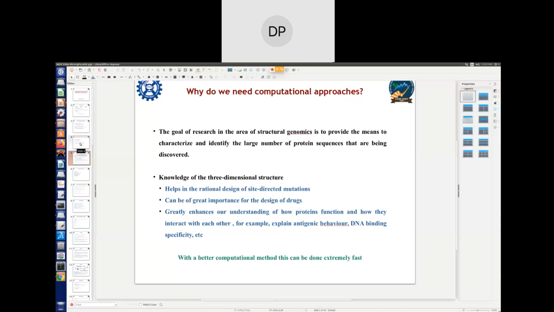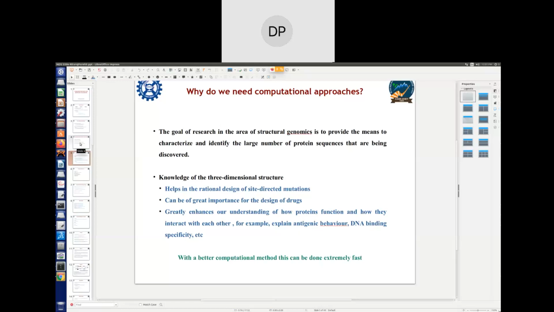So knowledge of the three-dimensional structure is very important. As I said on the first slide, if you have the three-dimensional structure, you can predict the function. And if you know the function, you can say about the activity of the protein, and observe its actual activity.